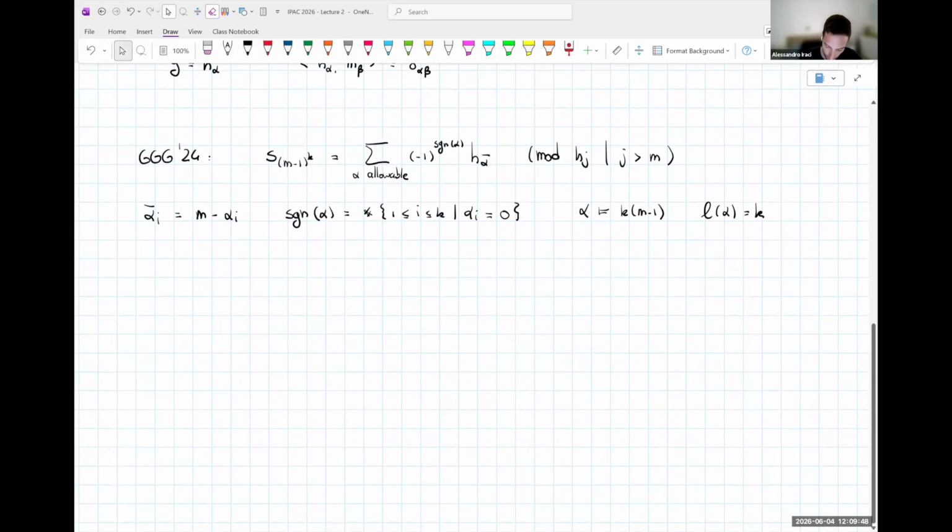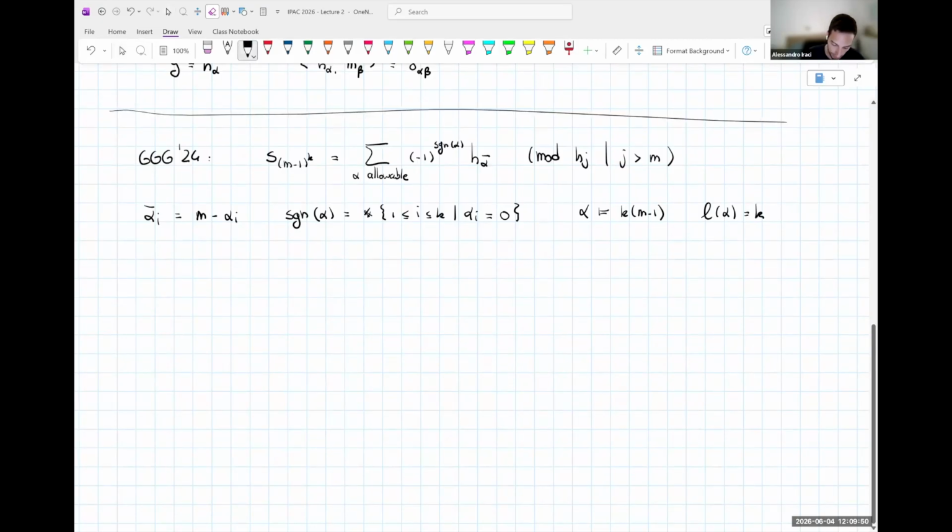Okay. So what do I mean by allowable? Well, allowable compositions are what are also known as Fubini rankings.